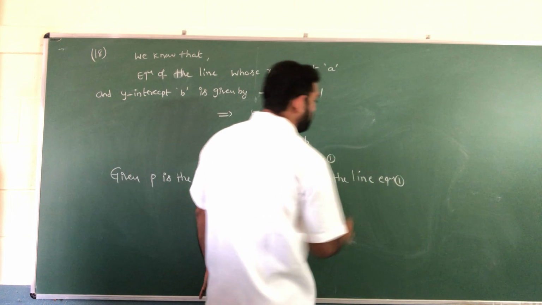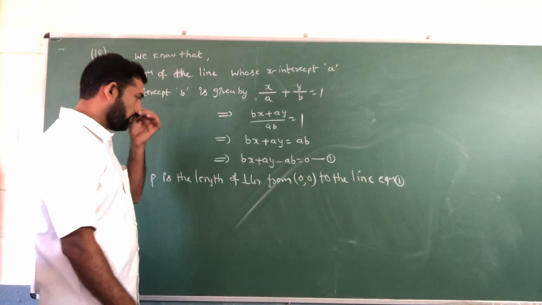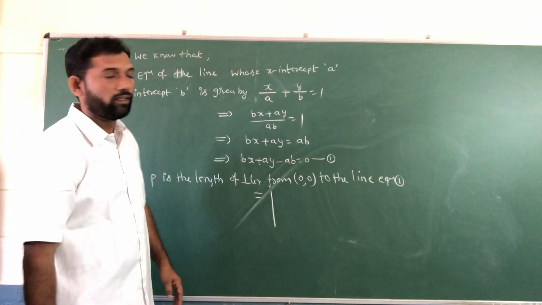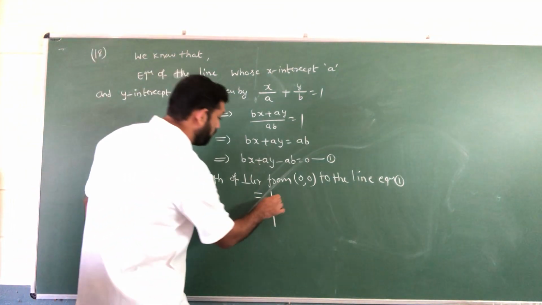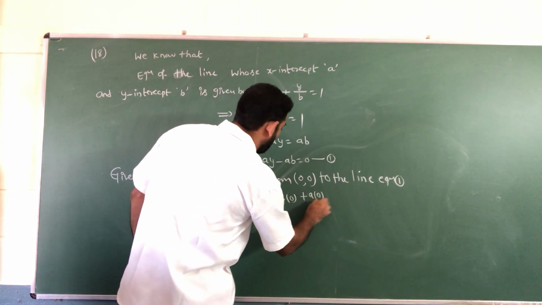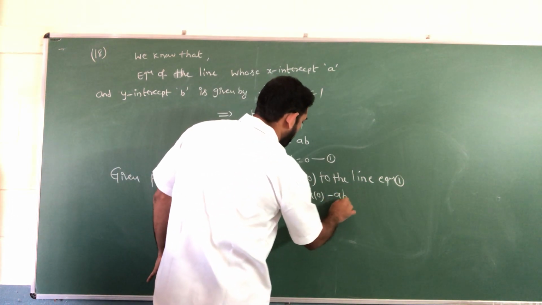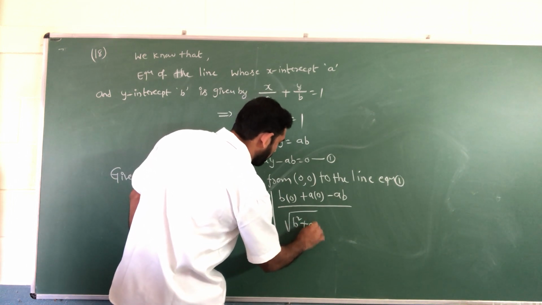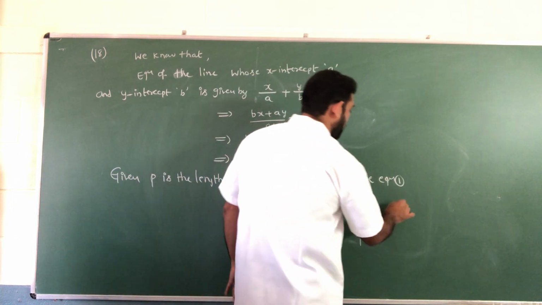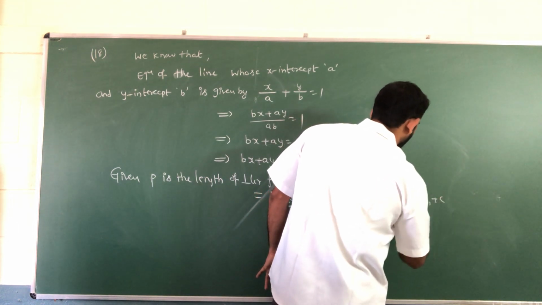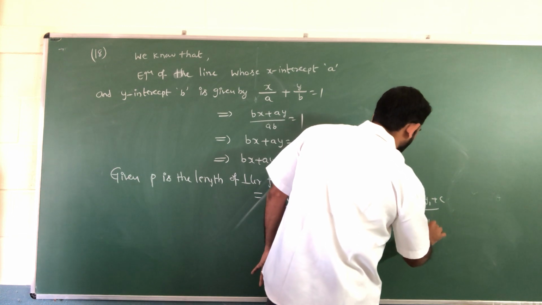The line means equation number 1, and the length is given as P. So you apply the perpendicular distance formula: B into 0 plus A into 0 minus AB divided by root over B square plus A square. We apply the formula Ax1 plus By1 plus C divided by root of A square plus B square.